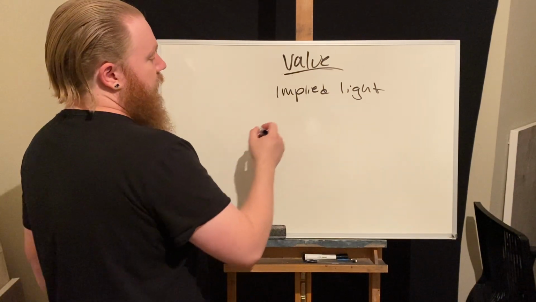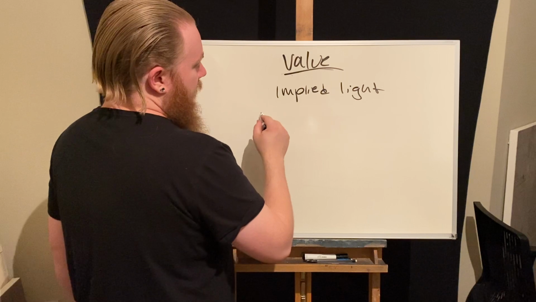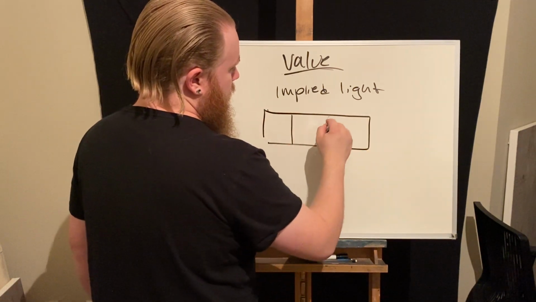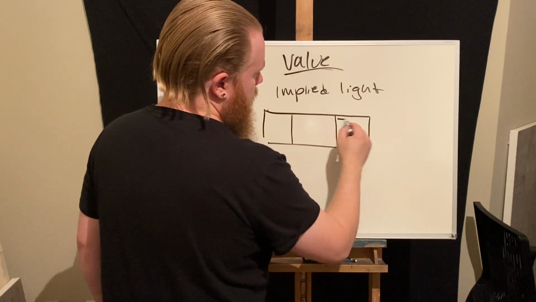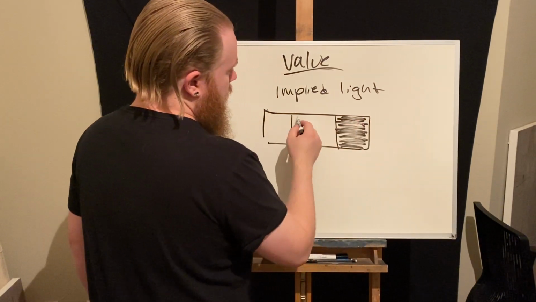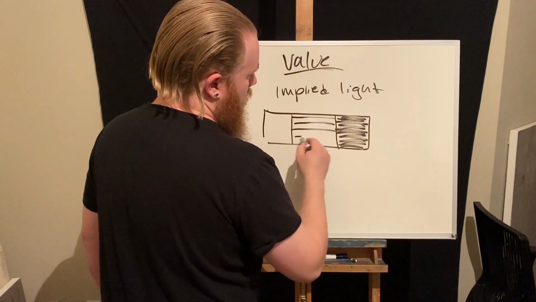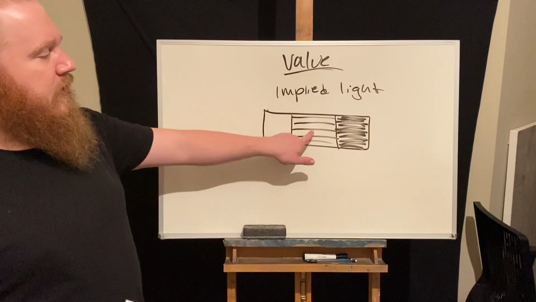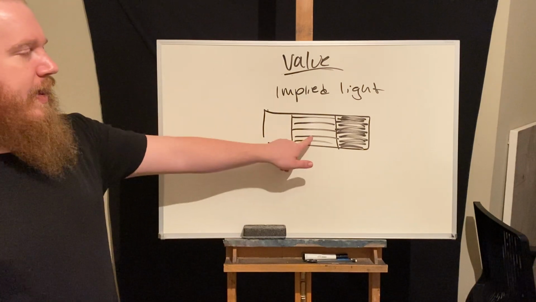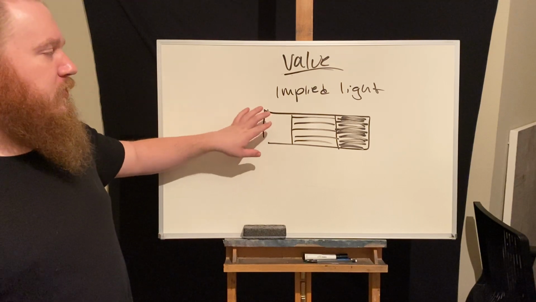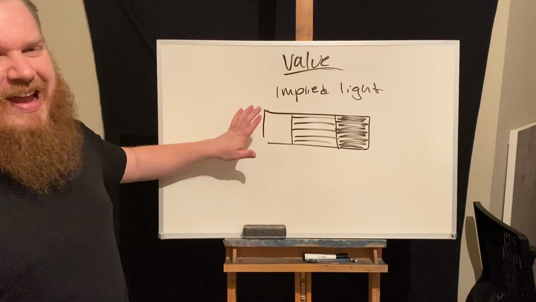So once again, if we have a dark form, a gray form, and a light form, well, this medium gray form is going to be perceived as much darker when compared to just the white form or the light form.